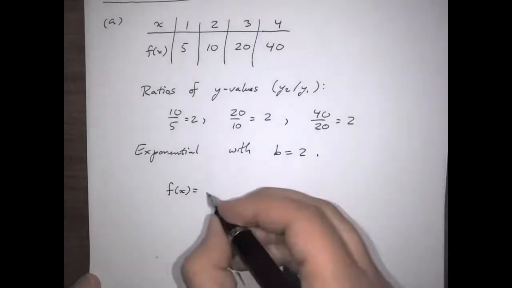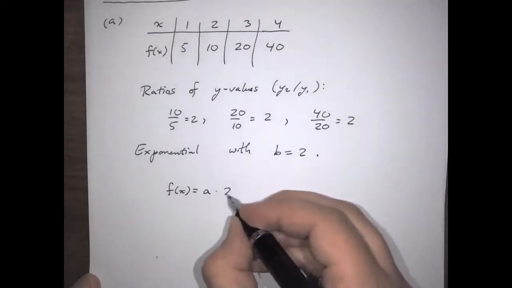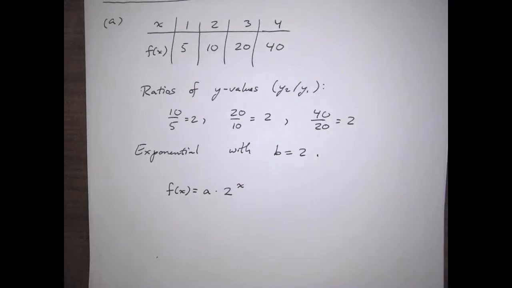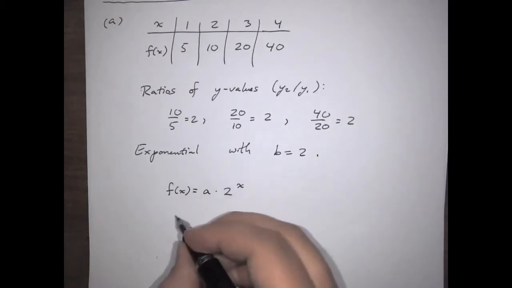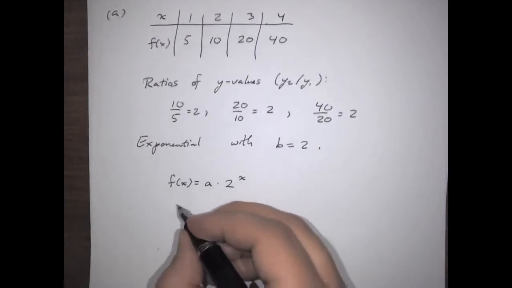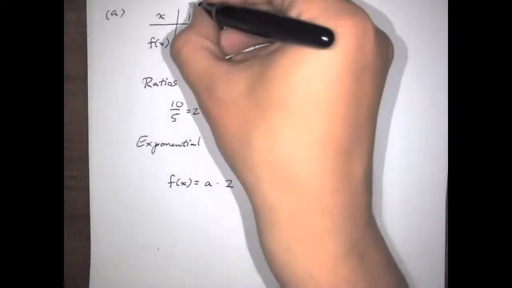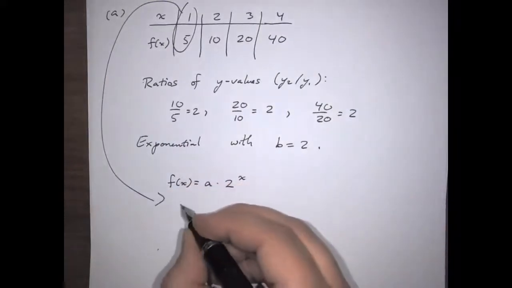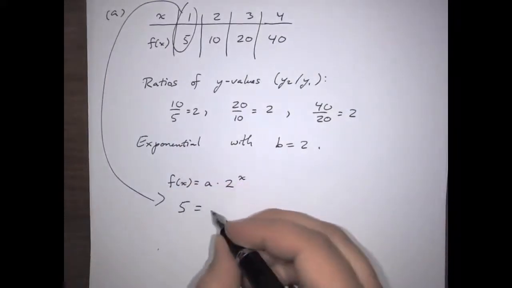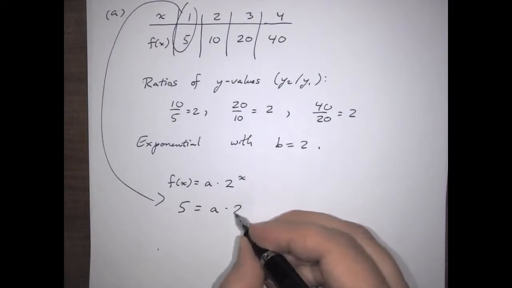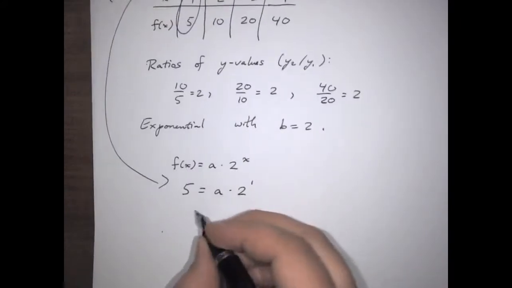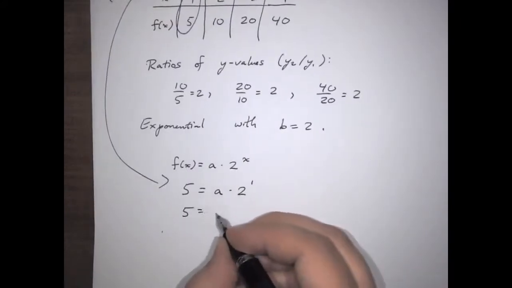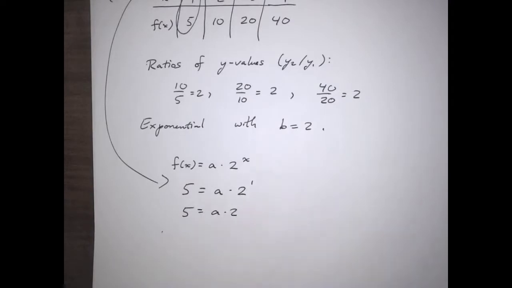F of x is equal to a mystery a times 2 to the x. All right. Well, then plug in one of the points, and we can find the a. So 5 is equal to a times 2 to the 1. So in other words, 5 equals a times 2.